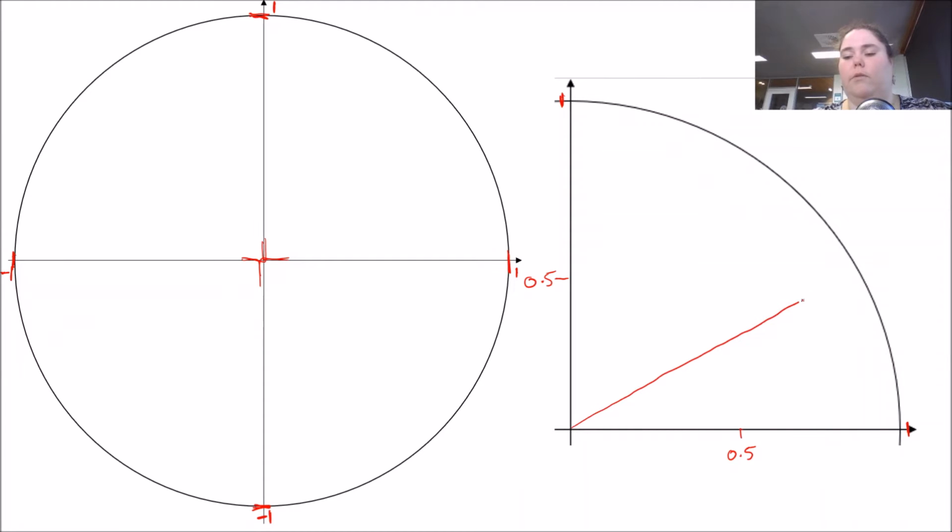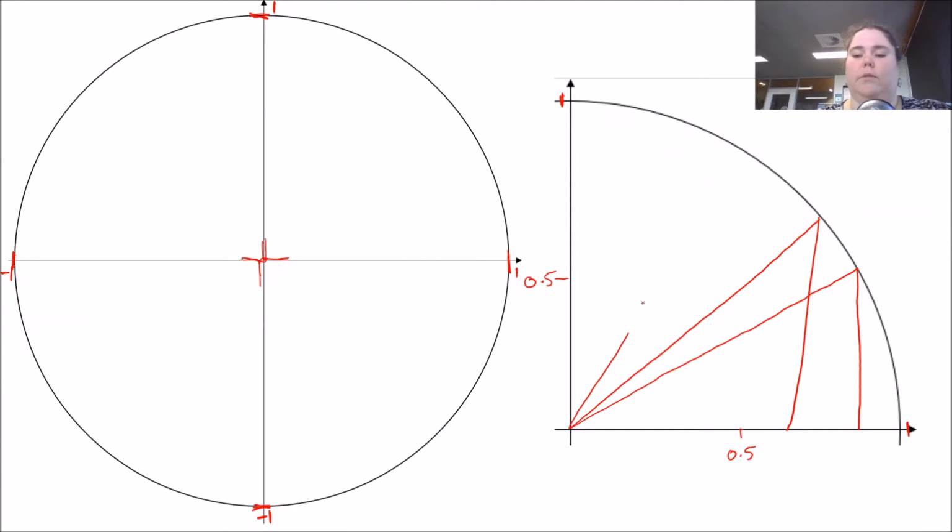So pi on 3, pi on 4, and pi on 6. Oh, that line was a little crooked. You should be right there. When we draw in a line at an angle, we are talking about an angle down here.